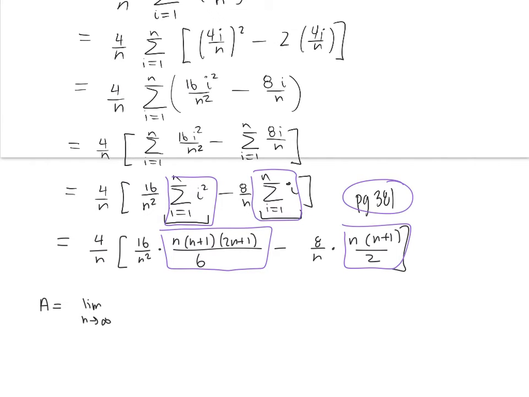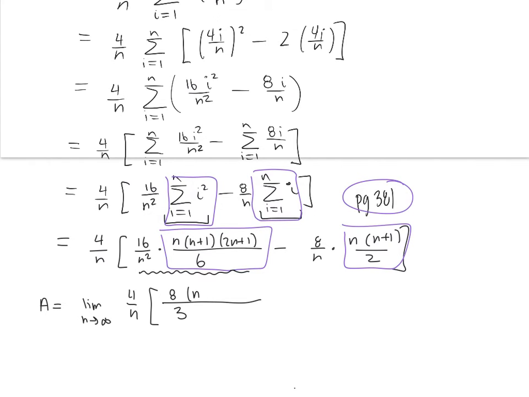And before we do that limit, how about we simplify just a teensy bit? So you got 4 over n. Can anything in that first term cancel? The 16 and the 6 can cancel a little bit, right? That can become 8 over 3. How about any of the variables? n can cancel, right?